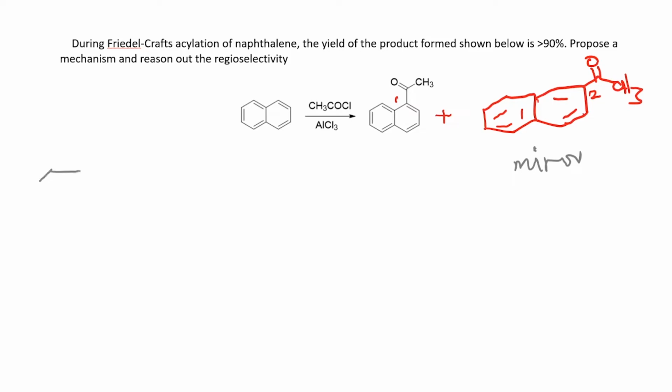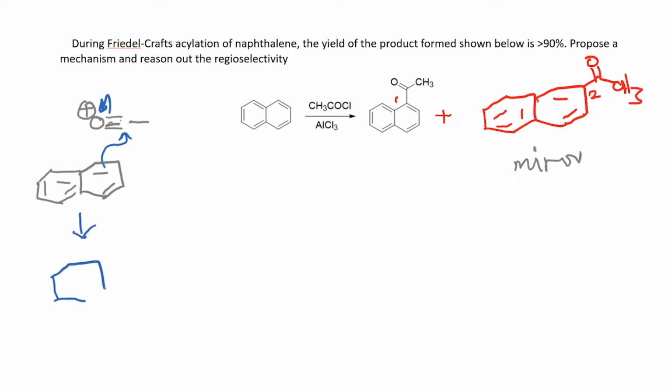naphthalene. So if I draw out naphthalene like this, and we know that the reaction happens with the acylium ion as shown here. So the attack happens at this carbon, and then there's a movement of electrons, and so the resulting product that is formed is actually the one as shown here, right?